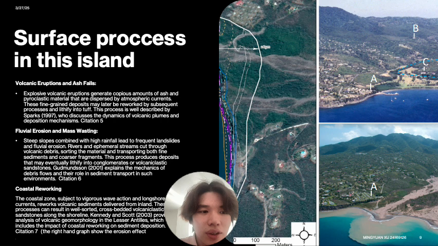And for coastal reworking, the coastal zone is subject to vigorous wave action and longshore currents, reworking volcanic sediments delivered from the islands. Those processes can result in well-sorted, cross-bedded volcaniclastic sandstone along the shoreline.